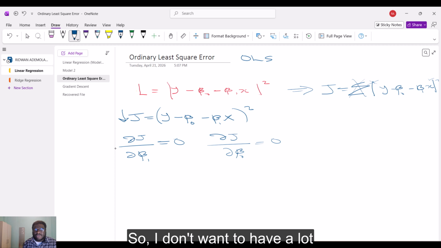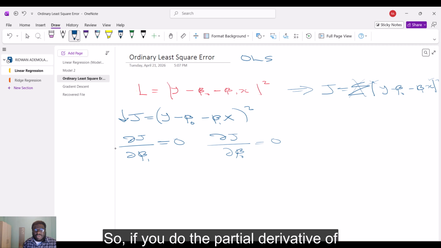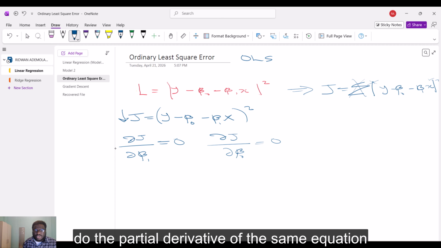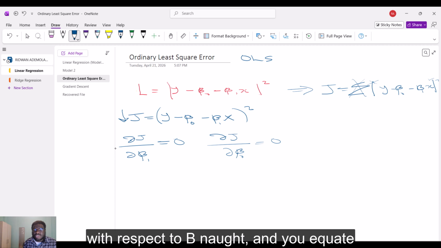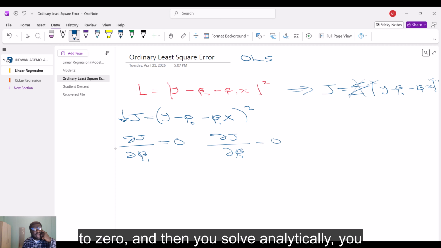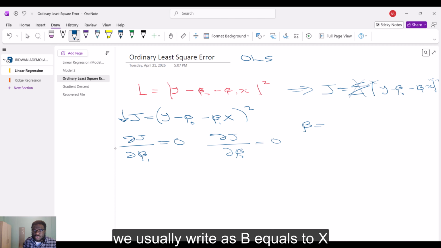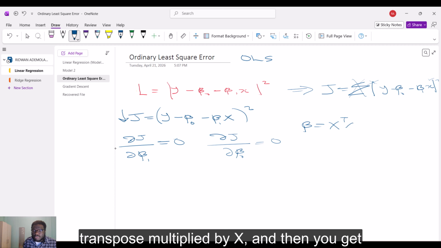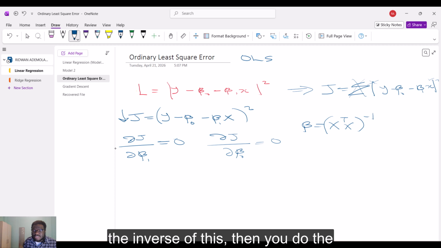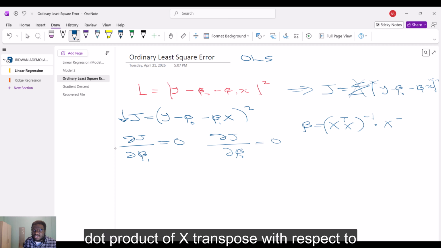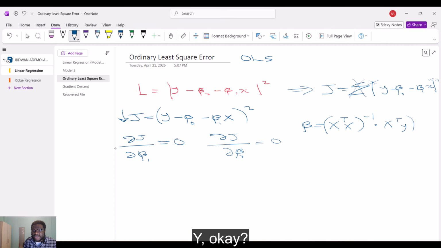So I don't want to have a lot of repetitions. If you do the partial derivative of this equation and equate to 0, and do the partial derivative of this same equation with respect to b naught and equate to 0, and then solve analytically, you will arrive at a closed form equation that we usually write as b equals x transpose multiplied by x, then you get the inverse of this, then you do the dot product of x transpose with respect to y.